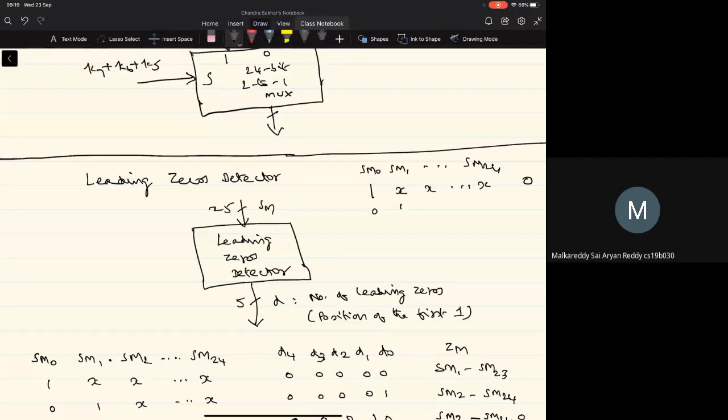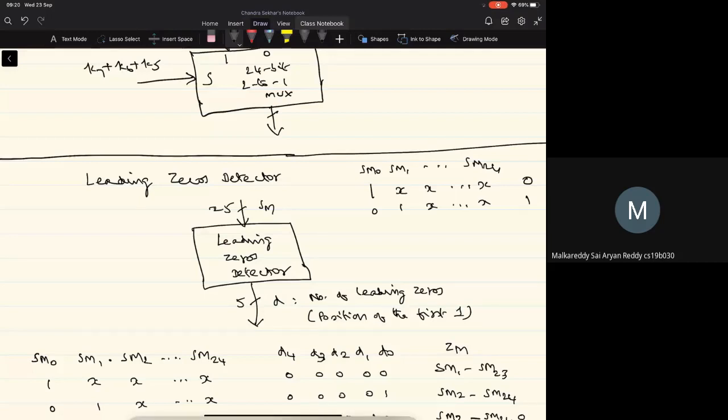Suppose the result of this mantissa addition or subtraction is 0, 1, x, and so on. Where is the first one in this sequence? It is in the position SM1. And how many leading zeros are there? There is one leading zero. So the number of leading zeros indicates the position of the first one among these bits SM0 to SM24.